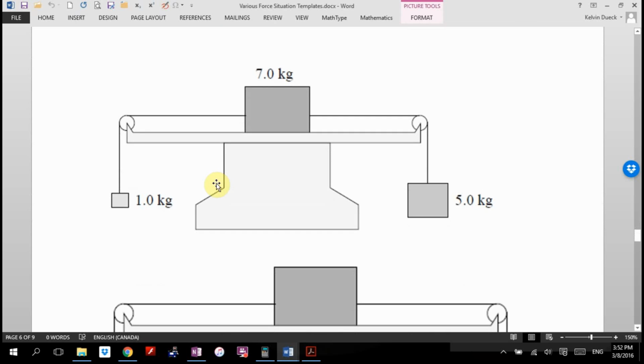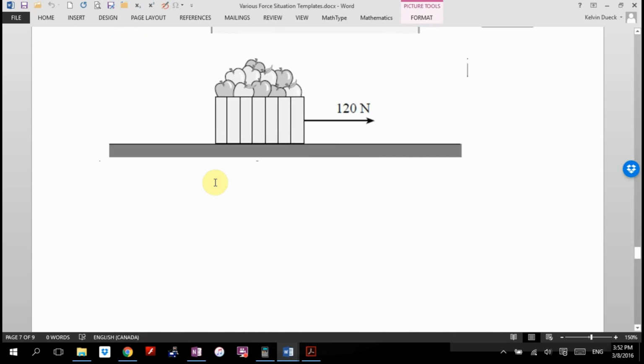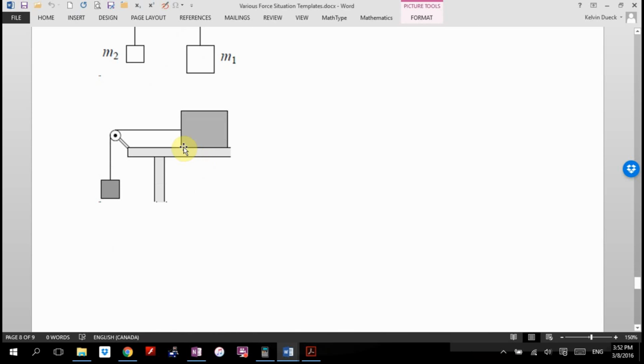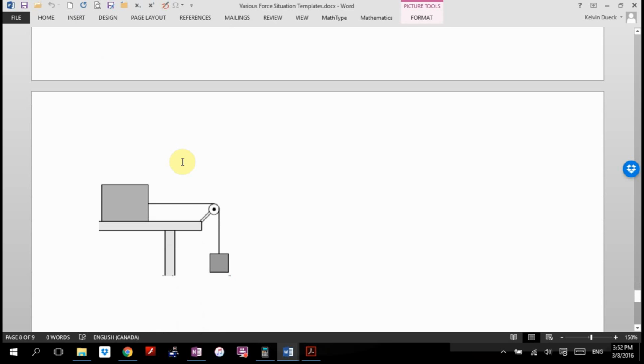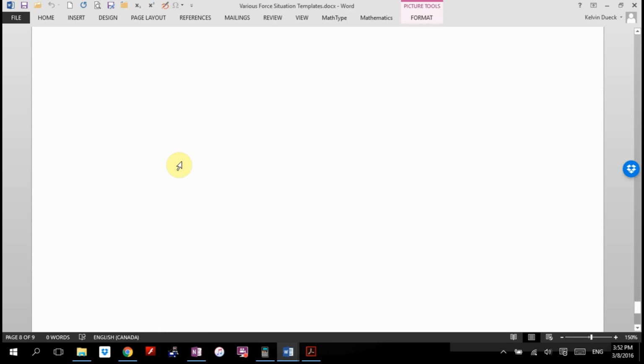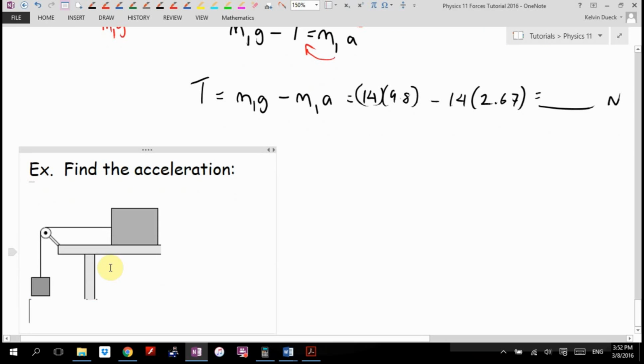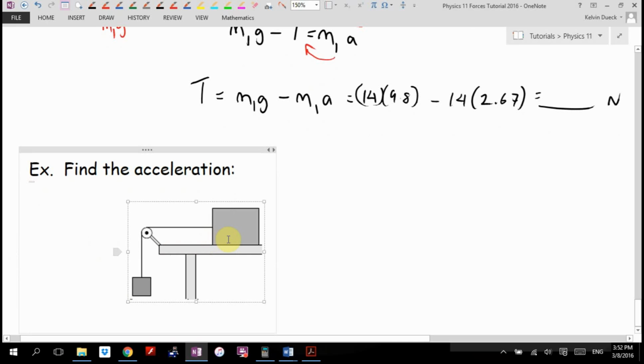Show me something hanging over three masses. Oh, here. That'll work. Oh, there's the same one. I just flipped it, apparently. Let's use that one. Okay. Let's stick some numbers on here.